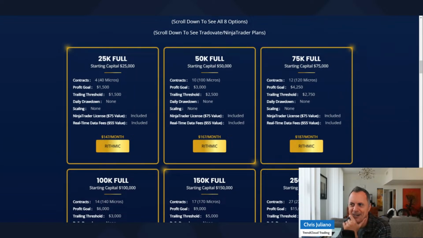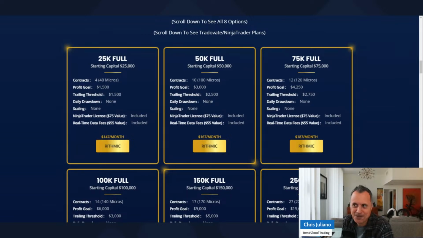You are not allowed to scale out of the position, and you are not allowed to have 1 failed trade. Okay. And they're going to charge you $147 a month until you pass the challenge. Good luck with that, guys.